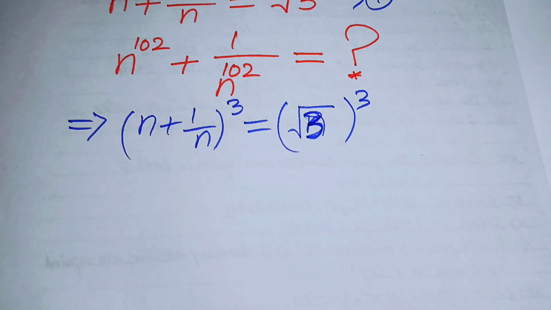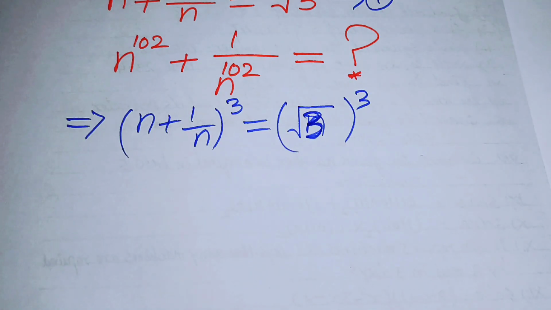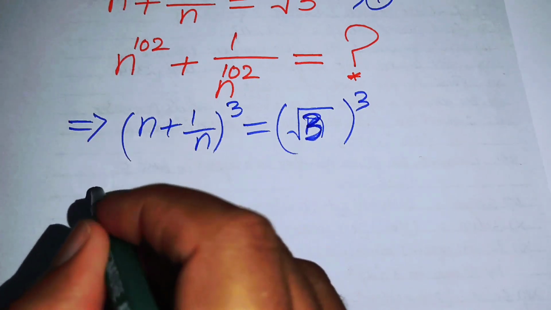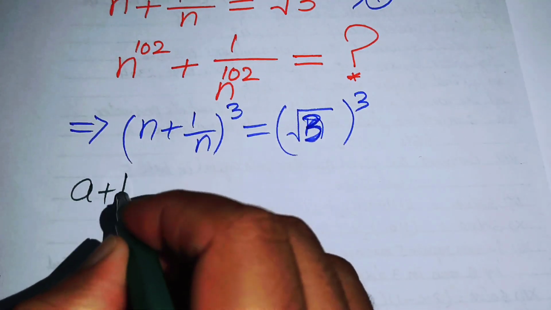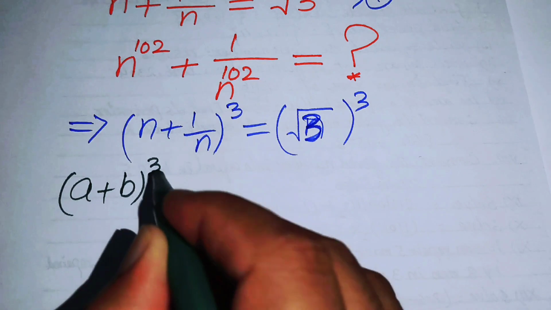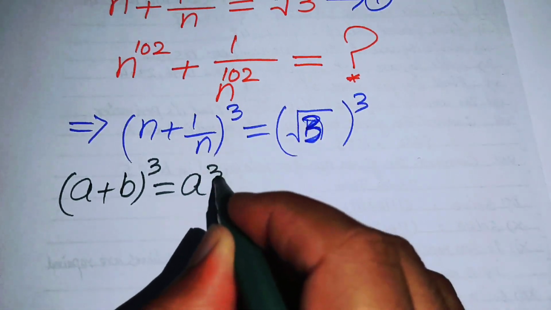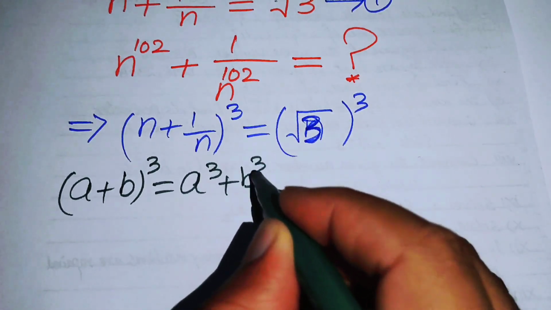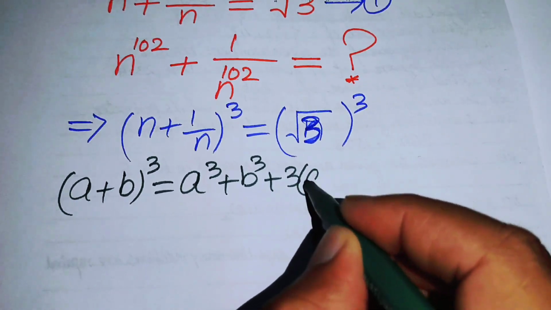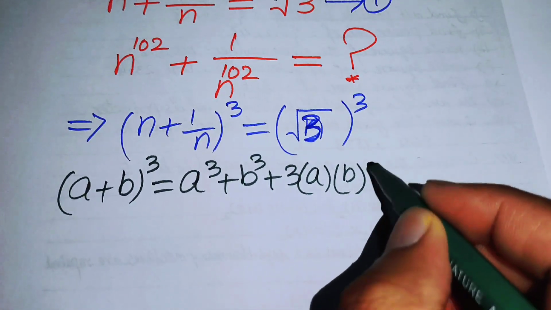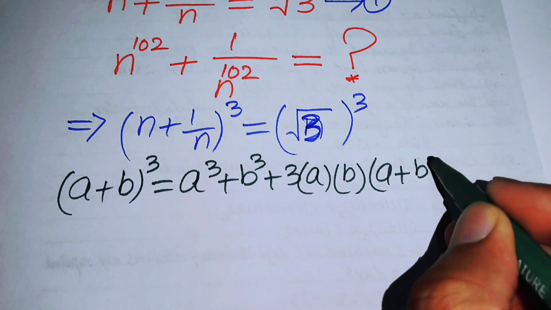And now you can see that we can apply the nice cubic formula. You know that a plus b whole cube is equal to a cubed plus b cubed plus 3 times a into b into a plus b.